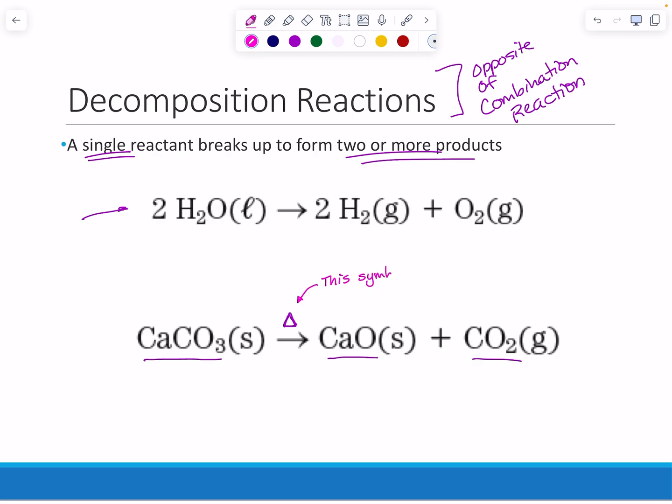So this symbol over a reaction arrow indicates heat. Just like the decomposition of water, I have to add electricity in to break that molecule apart. Calcium carbonate is a stable chemical at room temperature, but we can cause the decomposition to happen by heating it up.